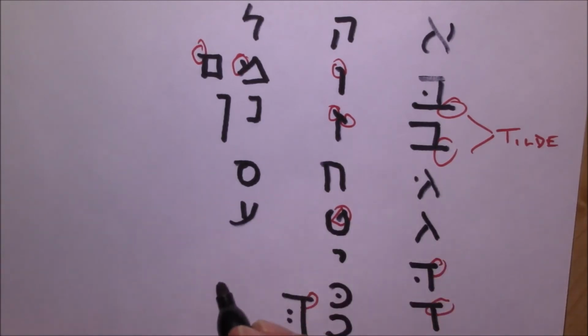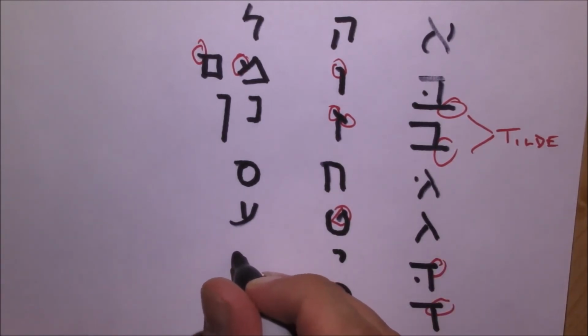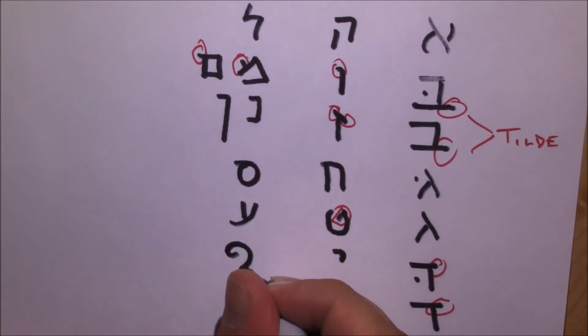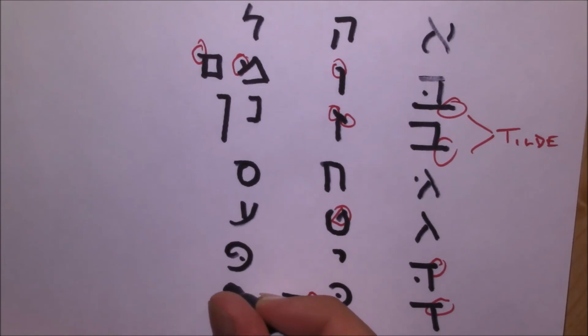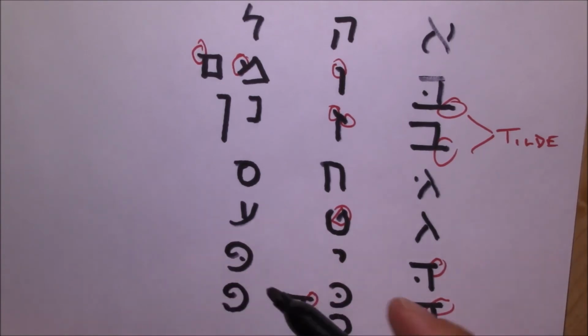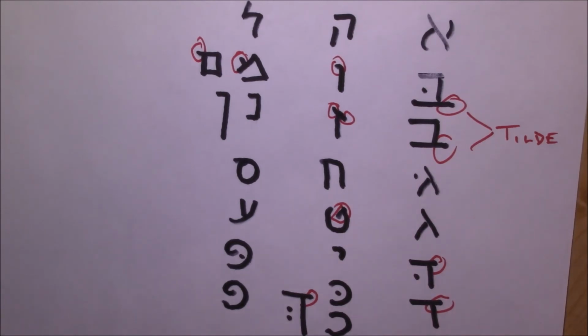All right, after ayin, we have peh. And peh is another one of our letters that often appears with the dagish or not, and it changes the pronunciation. So with the dagish, we have a hard P sound, p. Without the dagish, it is more of a PH or an F sound, f. So p and f.